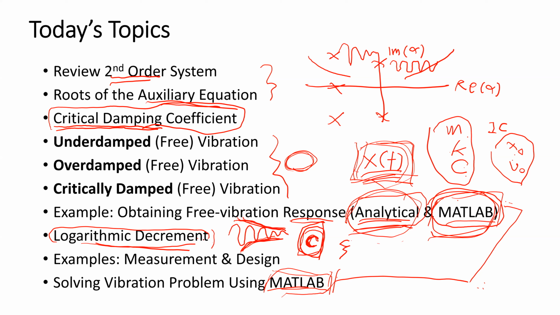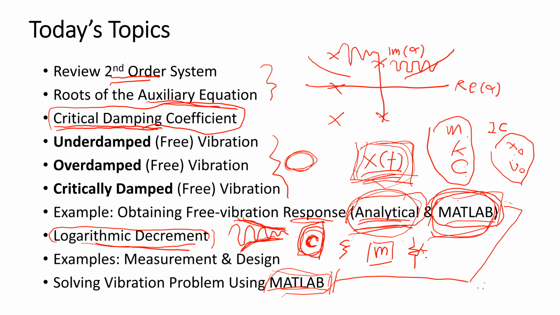So this will be in the topic of the logarithmic decrement. Because in a real system, we can measure the mass component, and also we can measure the stiffness of the spring.